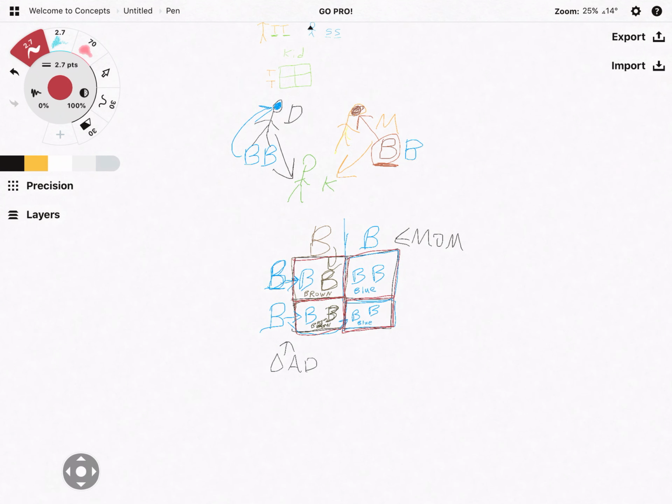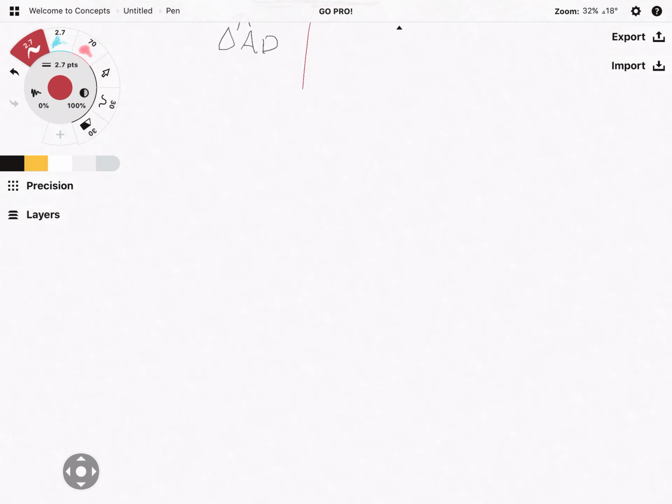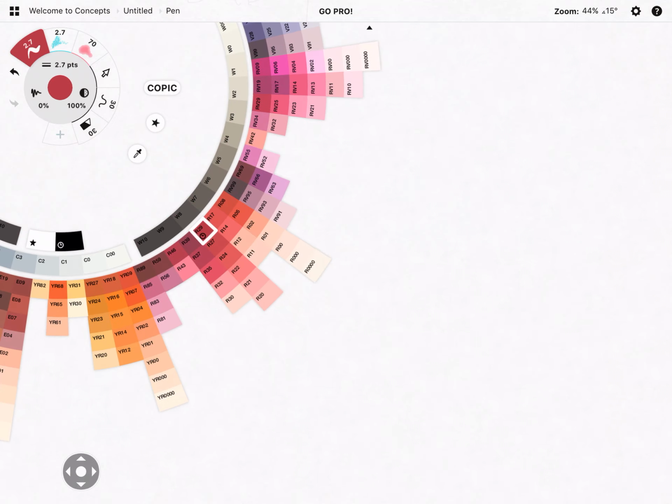Now what we're going to do is we're going to go on and make our own example using aliens. And I'm going to set it up, and then you're going to fill in the squares and decide what kinds of kids that the aliens might have. All right, let me get a color here.